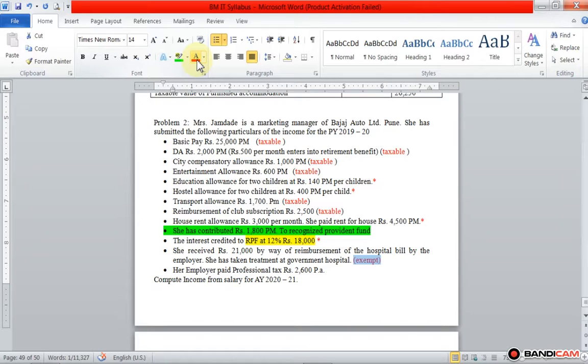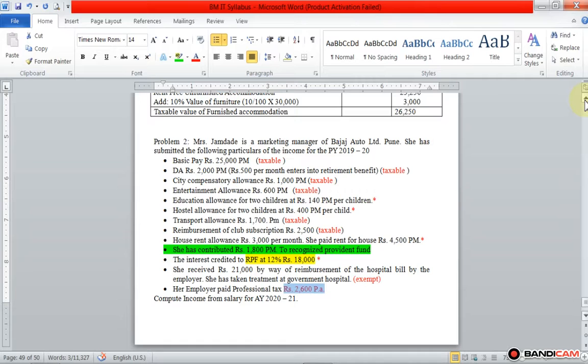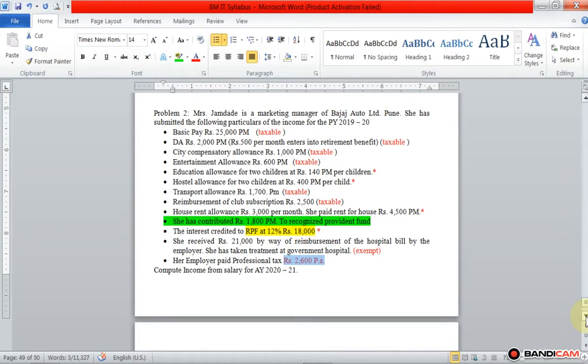We will discuss this: if the employer has paid the professional tax of the employee, then it will be added to the gross salary and then deducted from gross salary. It means first we add it in gross salary and then we deduct this professional tax from gross salary, amounting to rupees 2,600 per month. Got it? So here we find out the taxable and partly taxable allowances.